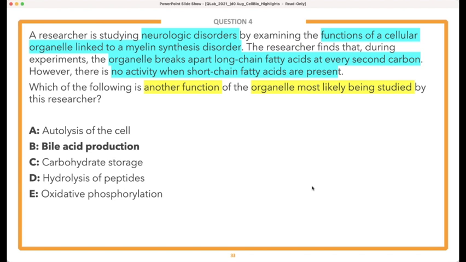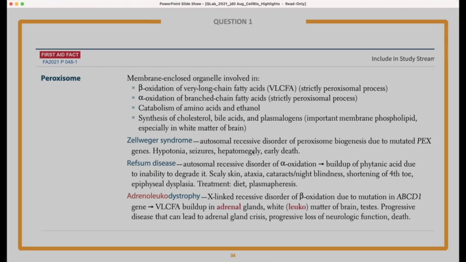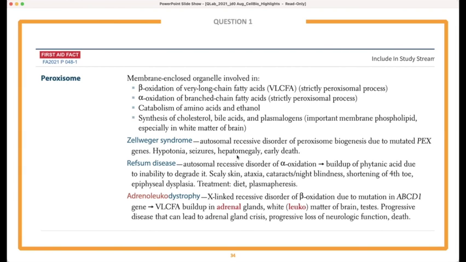Let's take a look at the next slide, and I believe there's a table on peroxisomes specifically. You can see there that it is a membrane-enclosed organelle involved in the oxidation of long-chain fatty acids. You can also see that it is involved, in that fourth bullet point, in the synthesis of cholesterol, bile acids, and plasmalogens.